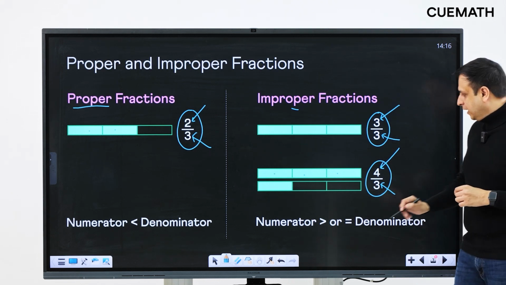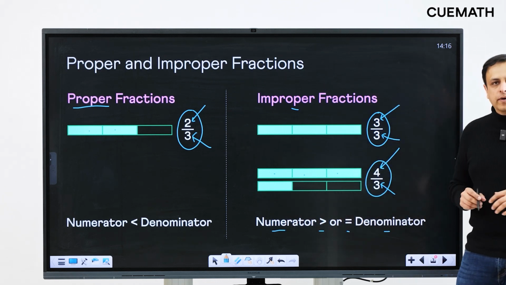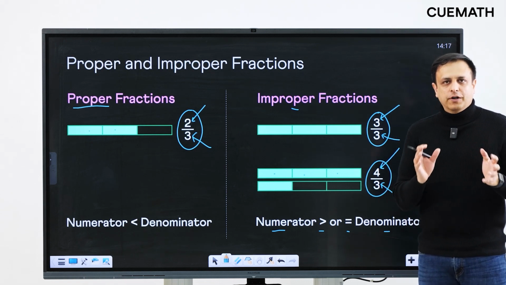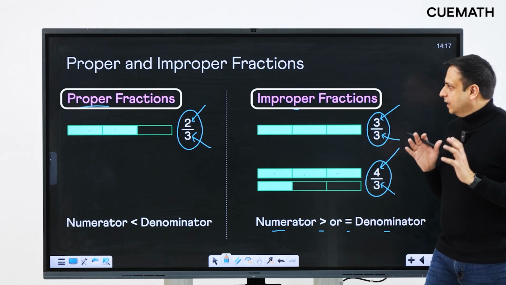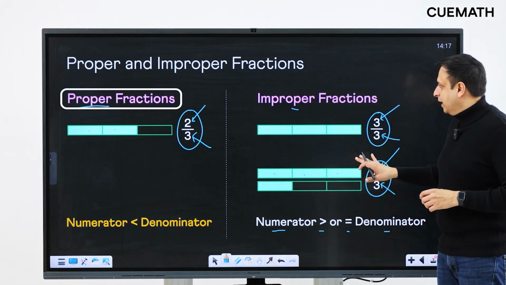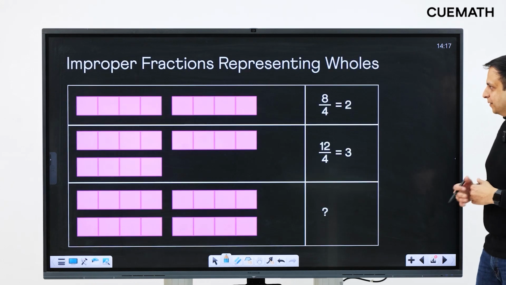So any fraction in which the numerator is greater than or equal to the denominator is an improper fraction. So that's what we mean by proper and improper. Proper fractions, numerator less than the denominator. Improper fractions, numerator equal to or greater than the denominator.